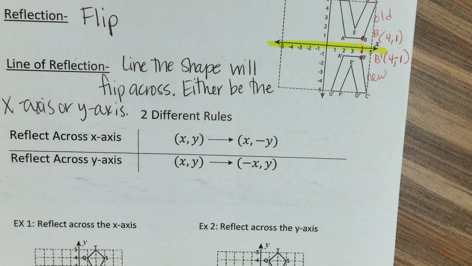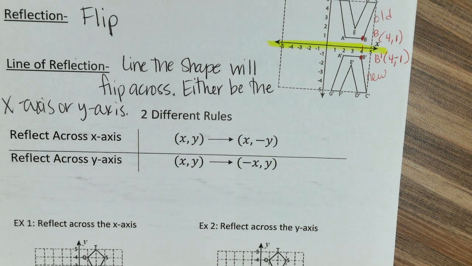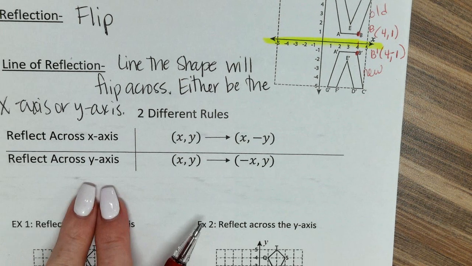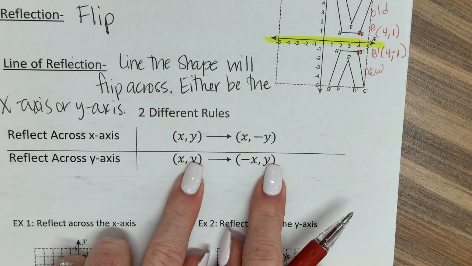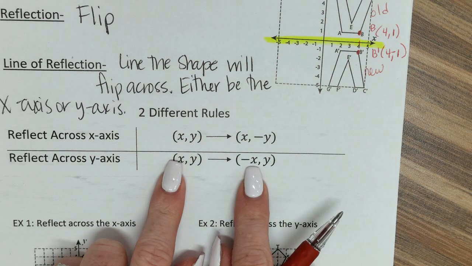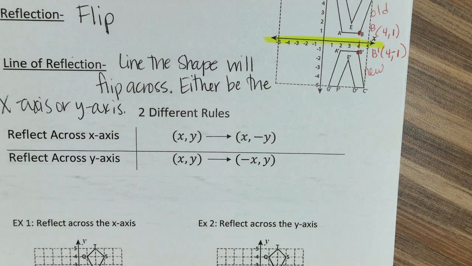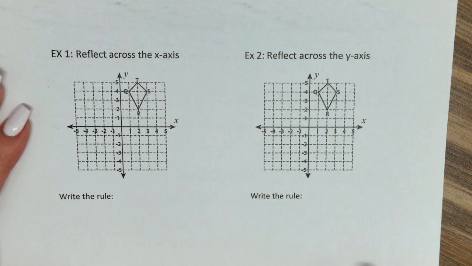That's the rule. It is super easy to learn these rules because it's just flip across the x-axis, x stays the same. So what do y'all think about when we reflect across the y-axis, what's going to stay the same? The y, but the x will become opposite. So the rules are just opposite of each other. Okay? All right, let's go down and let's do some examples.